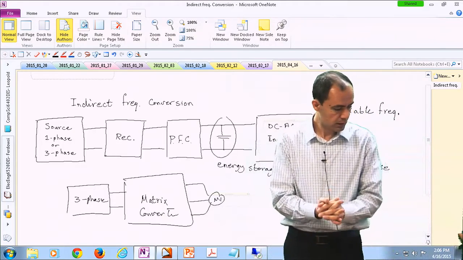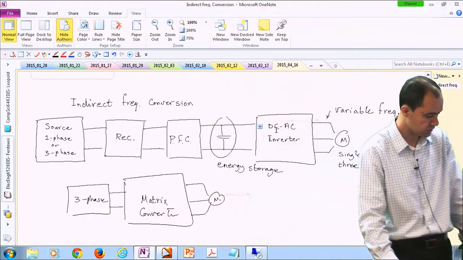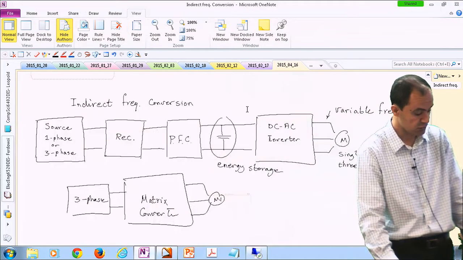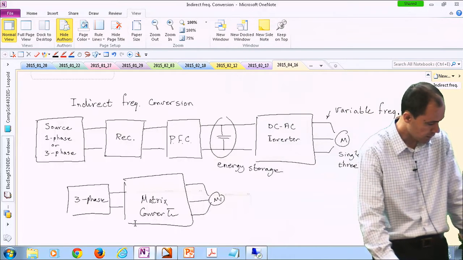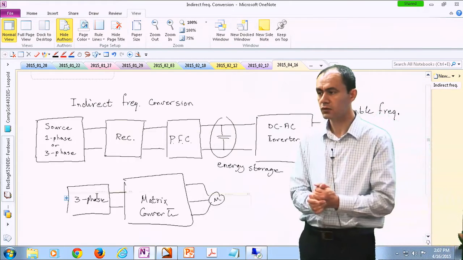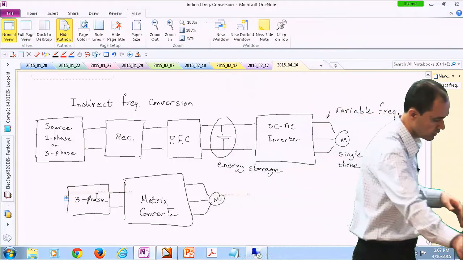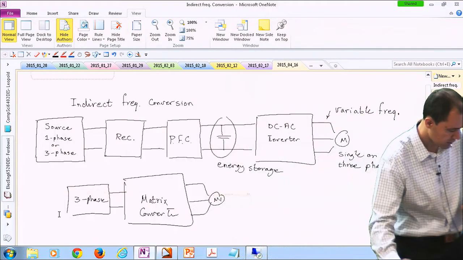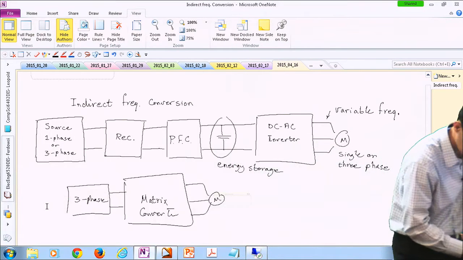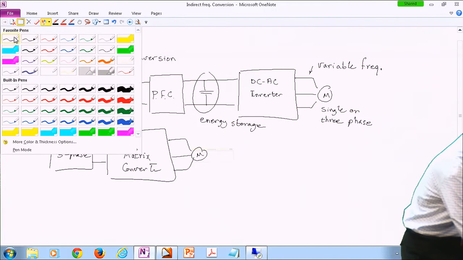One approach to avoid this would be using a matrix converter. So basically a matrix converter does all the job that these three converters in cascade would do. Although I'm not sure if it does power factor correction or not, so let's just have a question mark on that. But anyway, assuming that you have a three-phase source available, it directly converts, or processes, the power supplied by a three-phase source to a three-phase load.